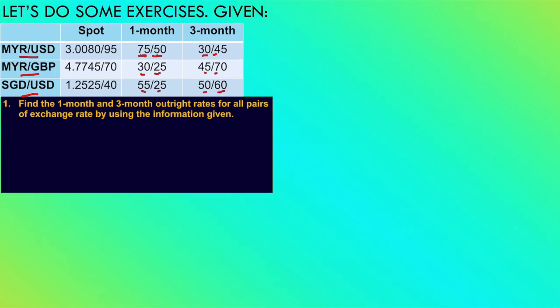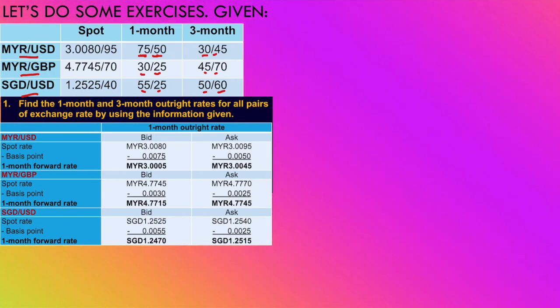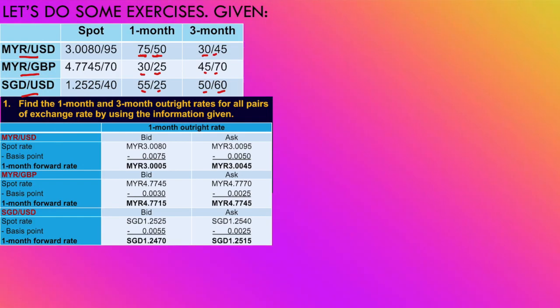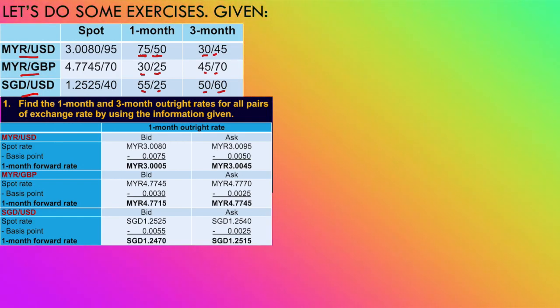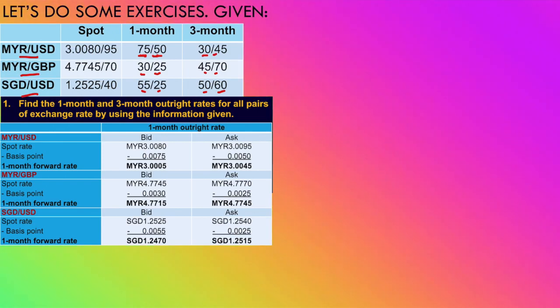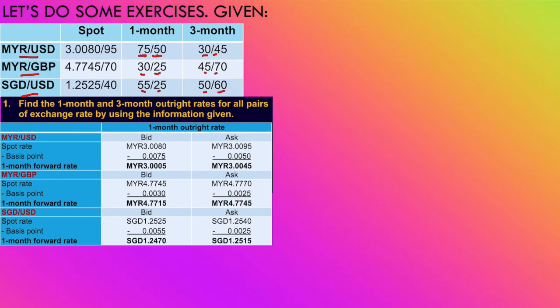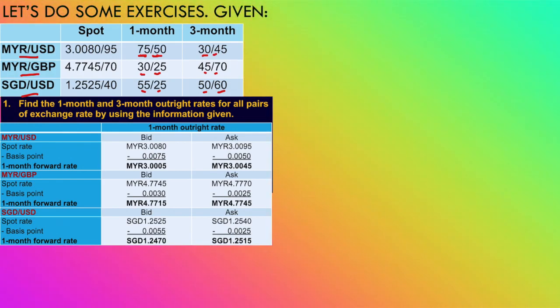So let's look at the answer. Okay, the 1 month outright rates for Malaysia US dollar, for Malaysia GBP, and for Singapore dollar US dollar. So, as I told you, for 1 month, the bid rate is bigger than ask rate. So you have to deduct the spot rate, deduct the point. So 3.0080 minus 0.0075, so you will get the answer.